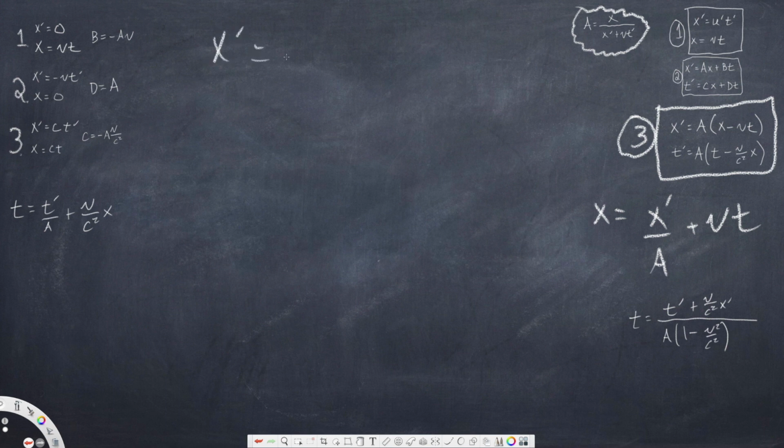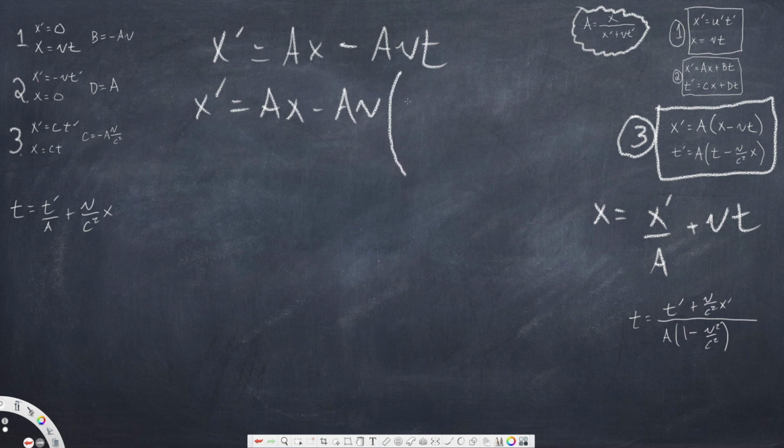X prime equals ax minus avt. So then we get x prime equals ax minus av times t prime over a plus v over c squared x.